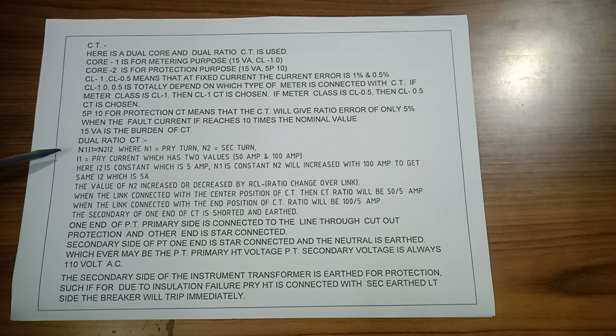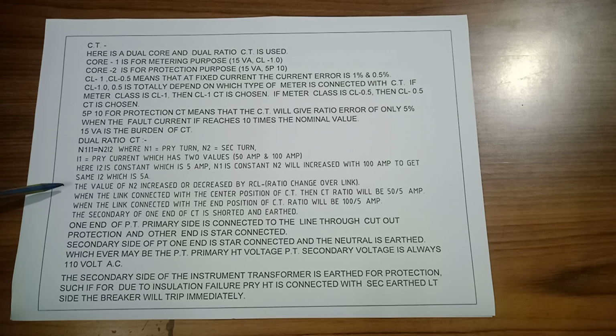N1 primary turns, N2 secondary turns. I1 is the primary current, which has two values, 50 amp and 100 amp. Here I2 is constant, which is 5 ampere. N1 is constant. N2 will increase with 100 ampere to get the same I2, which is 5 ampere.